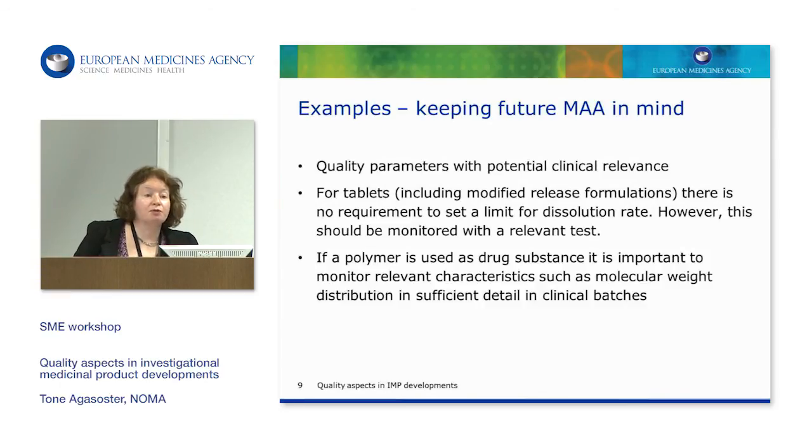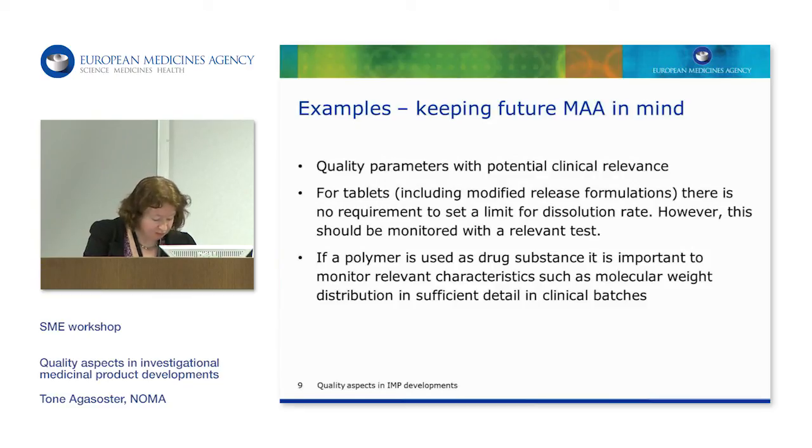And also for starting materials for synthesis, some planning may be useful at the clinical trial stage. Of course, there are very different requirements for detail in a clinical trial versus an MA application. For clinical trials, less detail is expected in the description of the synthesis than for an MAA.